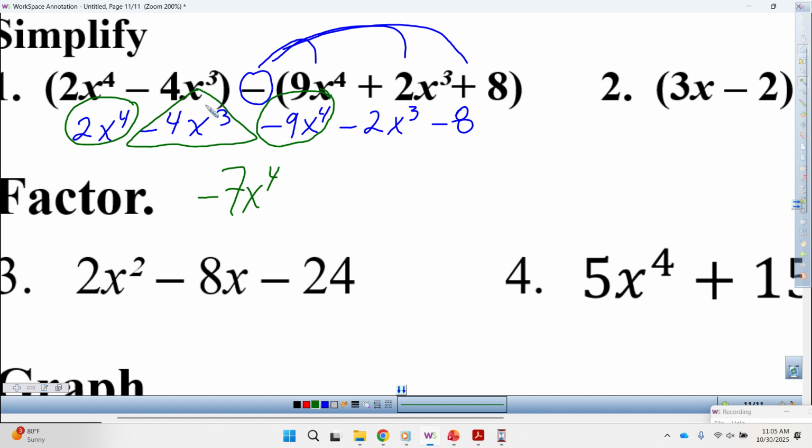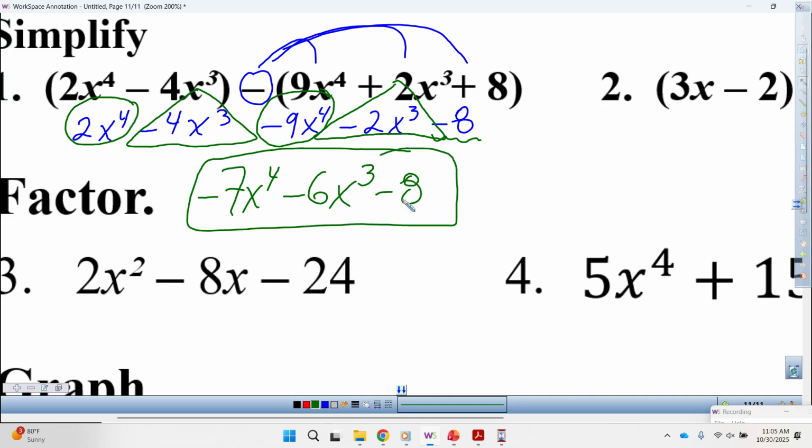Combine negative 4x cubed with negative 2x cubed. So negative 4 and negative 2 is negative 6x cubed. And last but not least, bring down the constant, which is negative 8, and we are done. Hands if you got that by yourself. Okay, good.